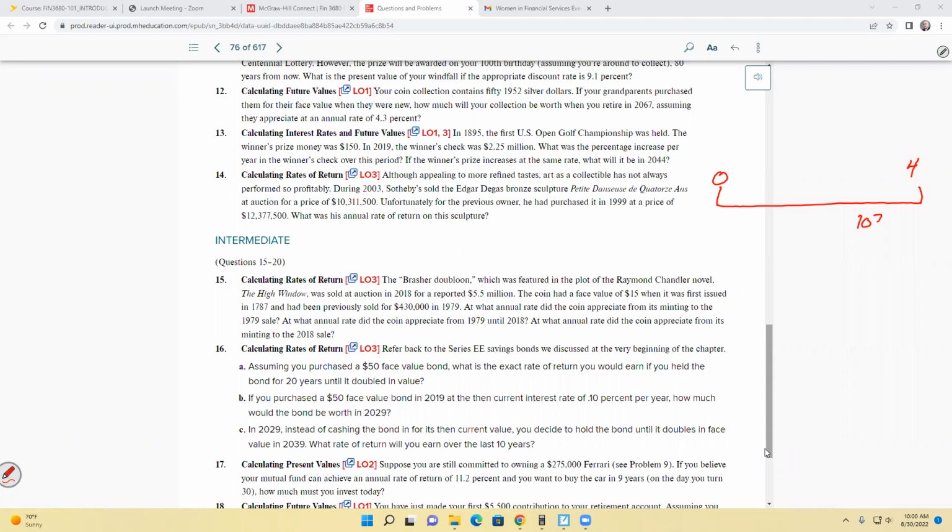So $10,311,500 is the future value. $12,377,500 is the present value. So what does that do for our interest rate or rate of return? It's negative. So what's our number there? Yeah, thank you, Jane. There you go. And it's negative.